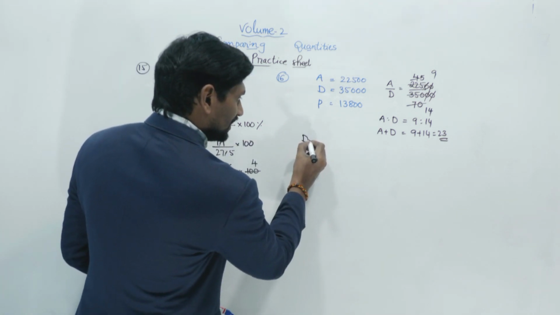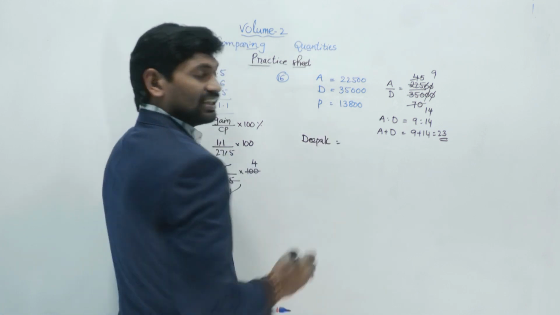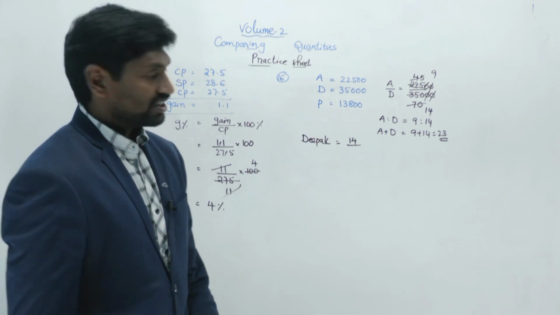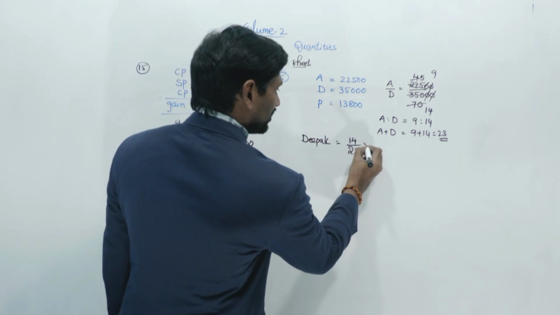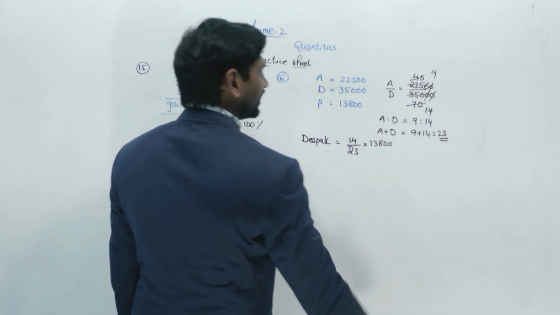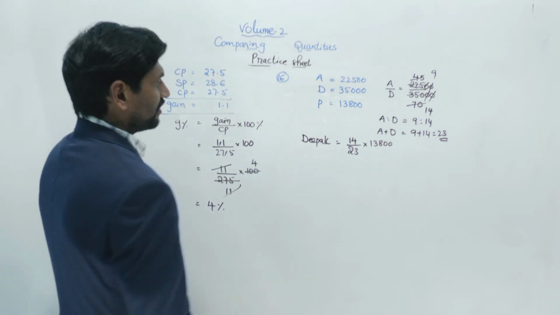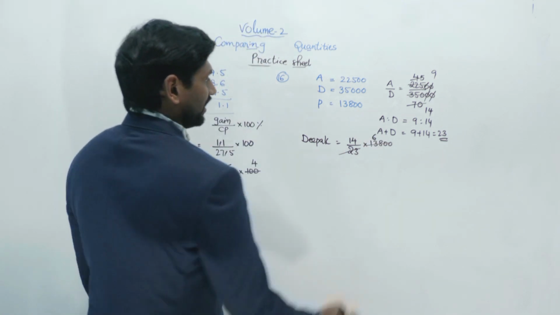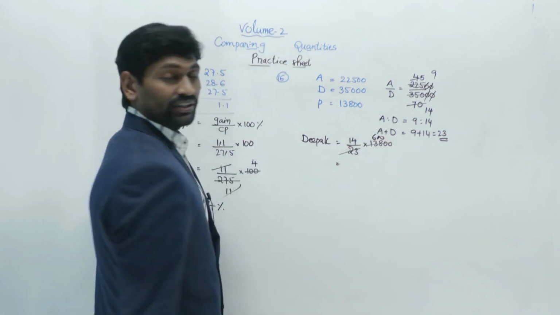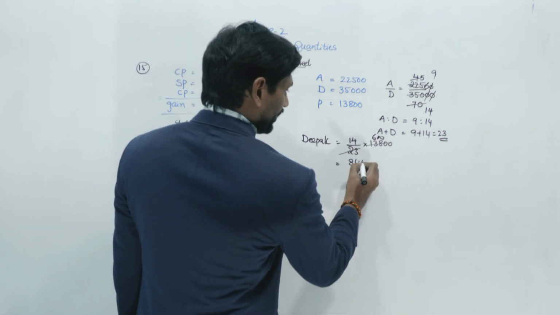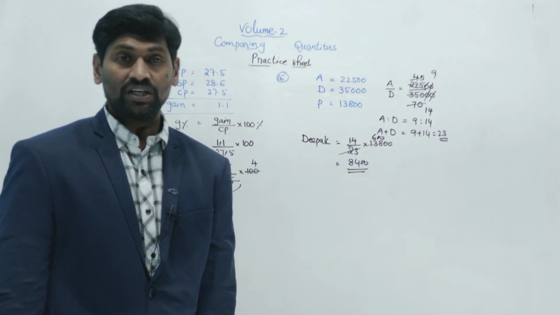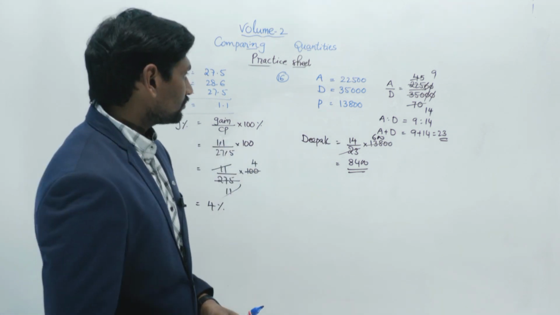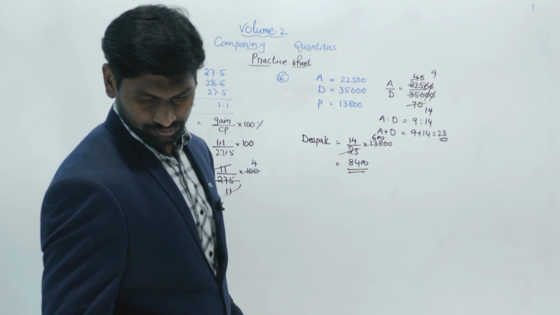D value, Deepak's share. Deepak's share is 14 out of 23 parts into 13,800 rupees. Exactly 6 times cancel. 6 23s are 138, and here 2 more zeros, and 14 6s are 84. So 8,400 rupees will be the share of Deepak out of 13,800 rupees. Okay, now let us go to the next problem.